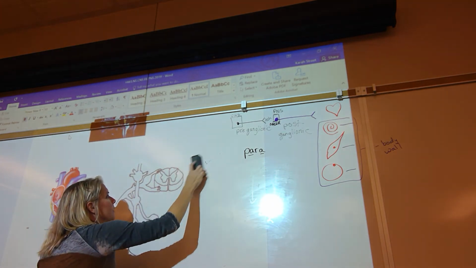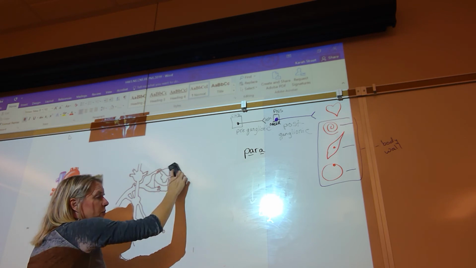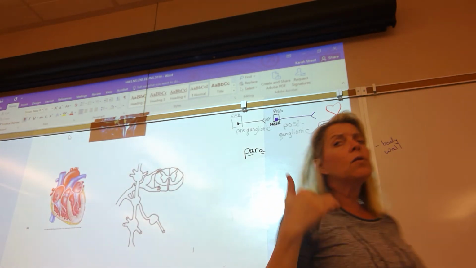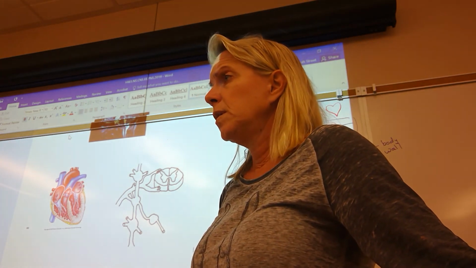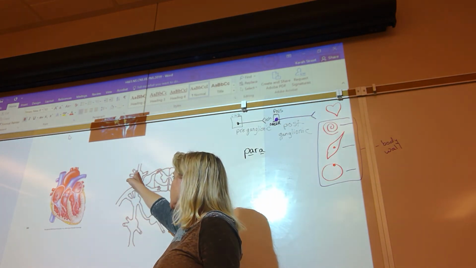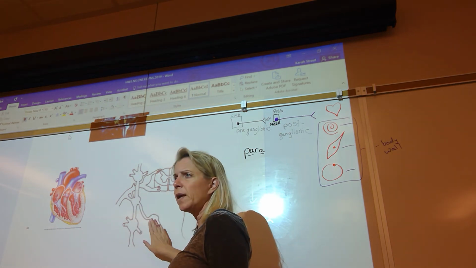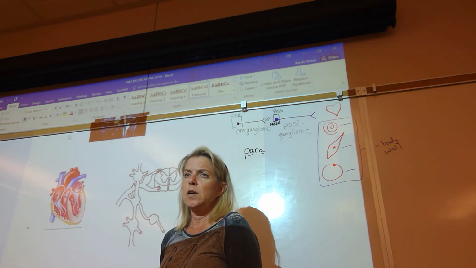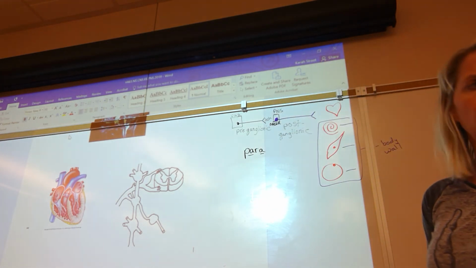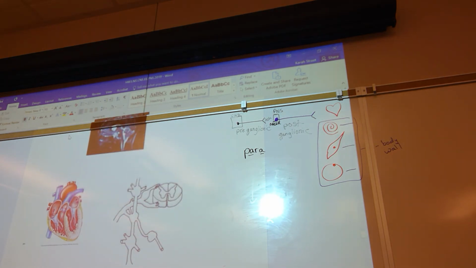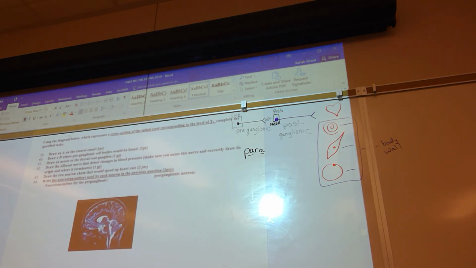Again, with this picture, we can only use this picture for the sympathetic division. These structures here are sympathetic structures. Nothing parasympathetic goes through them. None whatsoever. So the question in the homework packet says it represents a cross-section of the spinal cord corresponding to the level of T2.